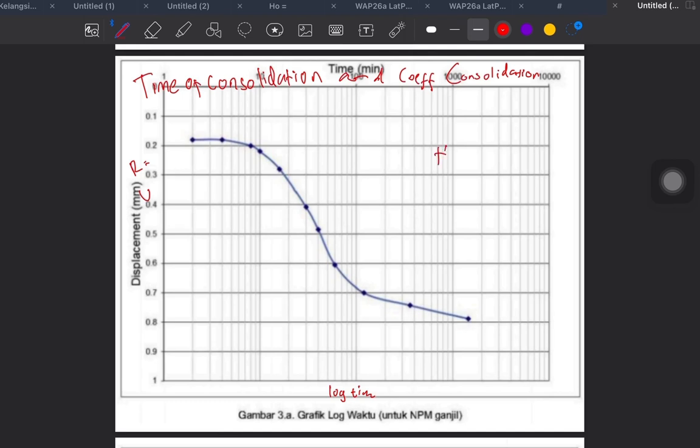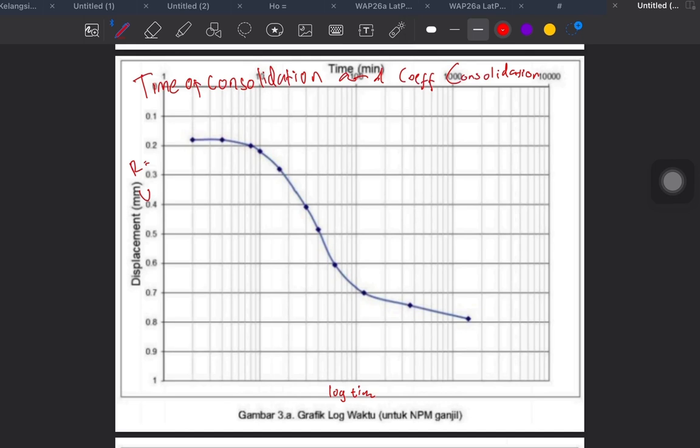Next is HDR. HDR is the drainage path length. For double drainage, you can use H divided by 2, and for single drainage, you can use H. Okay, next is Cv. Cv is the coefficient of consolidation.